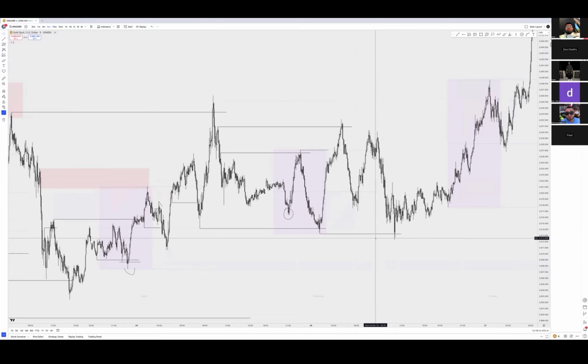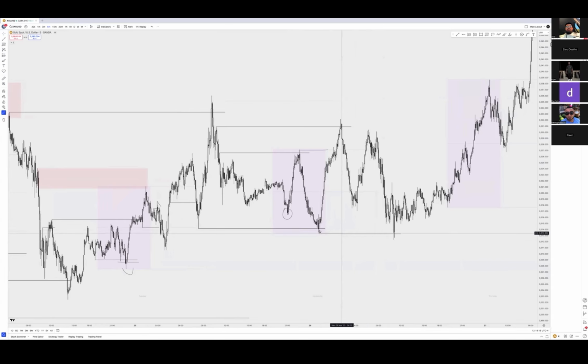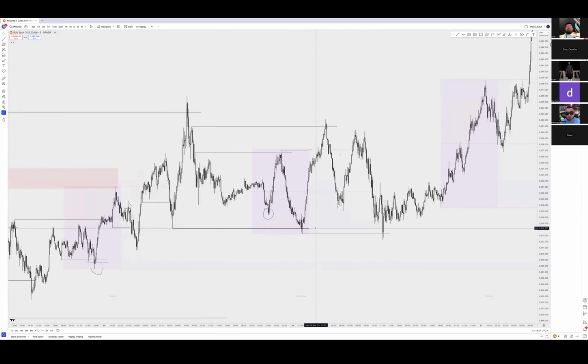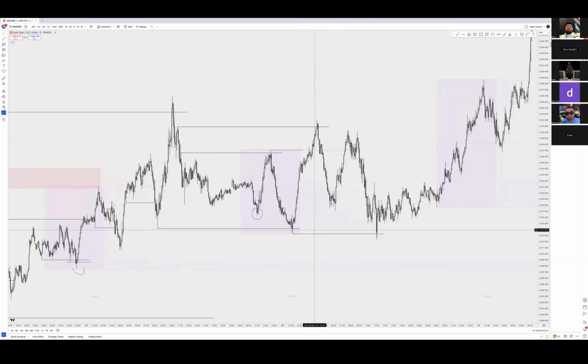So if we're looking for high probability setups, we don't get that if we're unsure of where price action is headed, especially when there's liquidity on both sides. So yeah, I mention all the time: it's always better to sit out when you're unsure, and it's always better to sit out when there's liquidity on both sides. And yeah, pretty much.